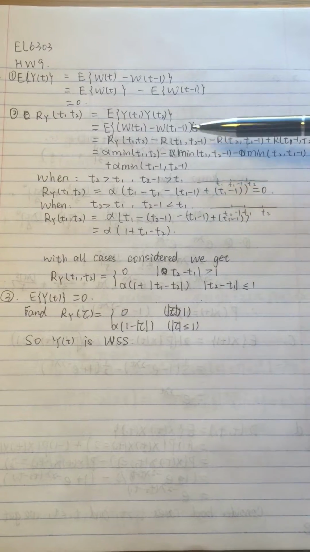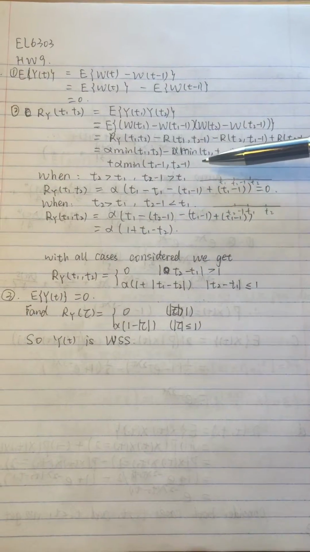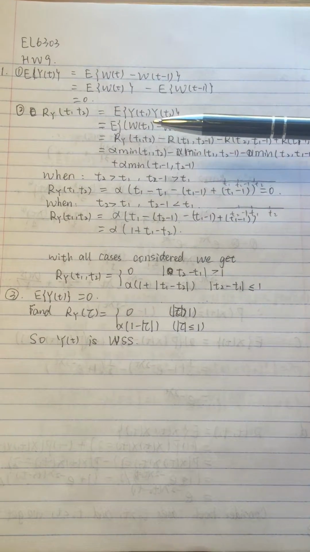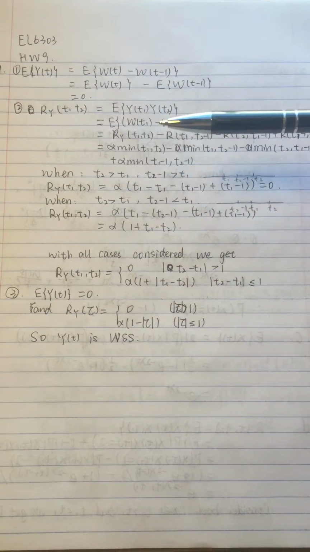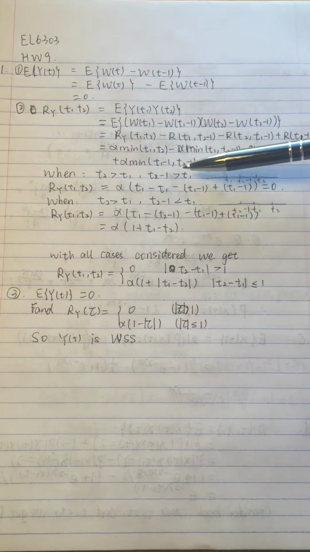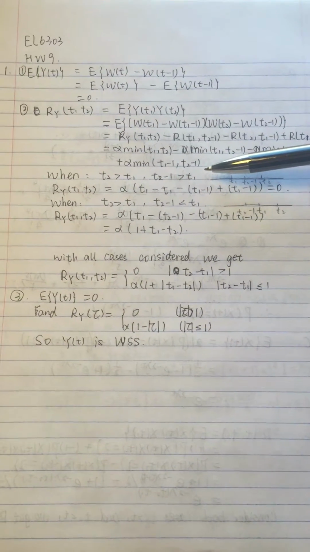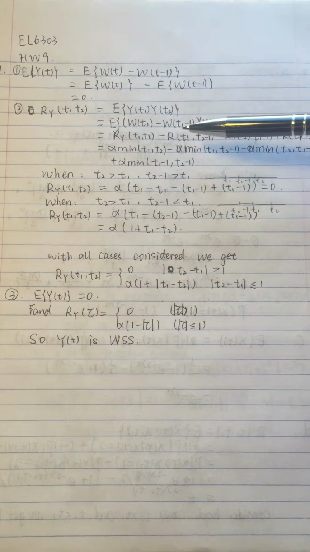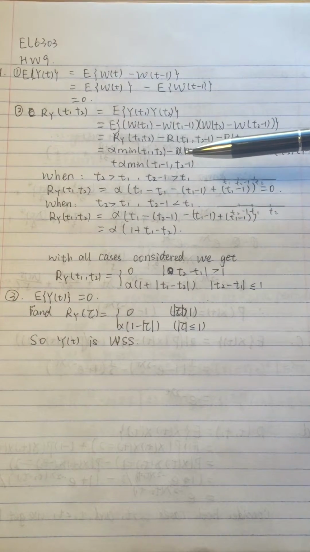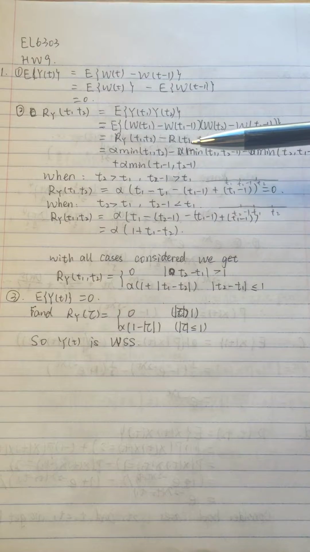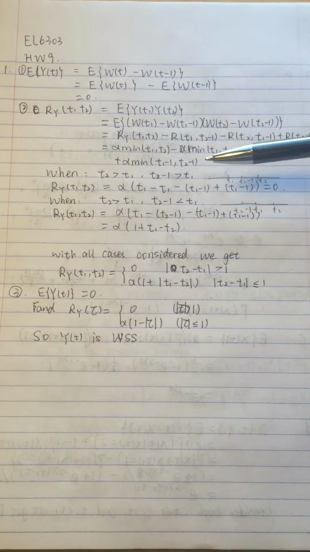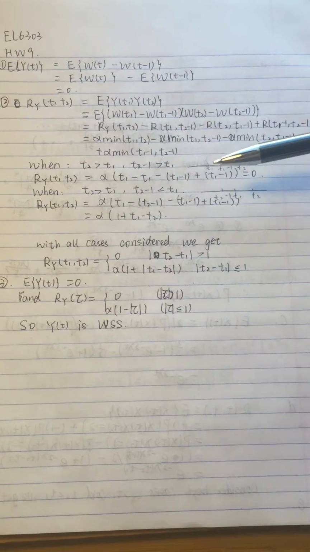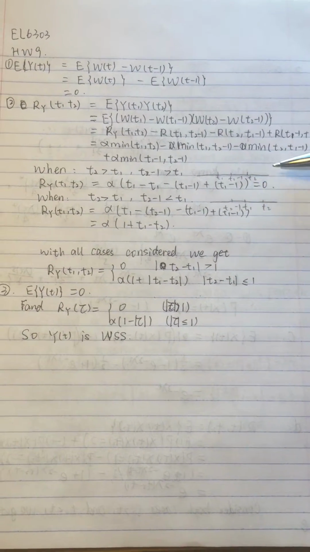We discuss this formula in two cases. First, when t2 is greater than t1 and t2 minus 1 is greater than t1, the correlation of t1 and t2 equals alpha times the difference of t1 minus t1 minus t1 minus 1 plus t1 minus 1, which equals 0.